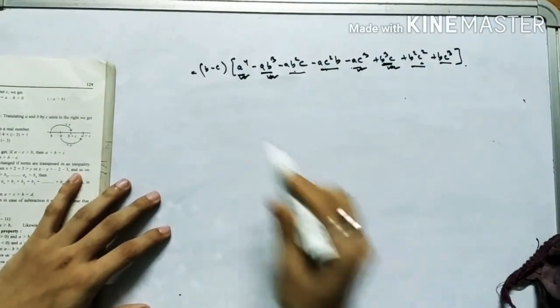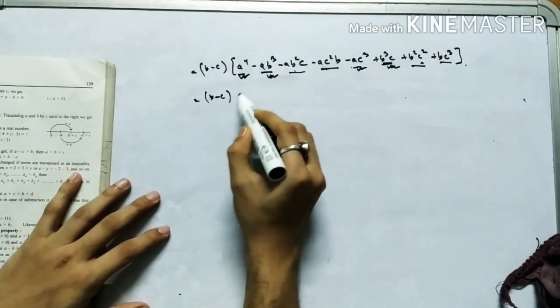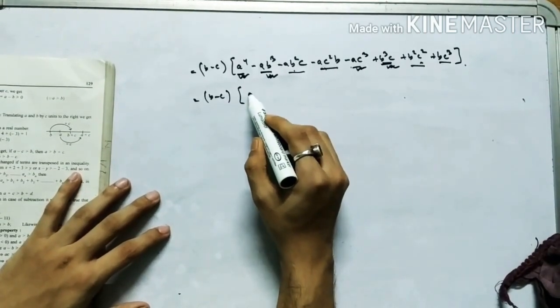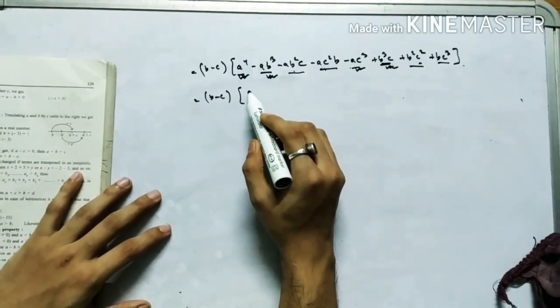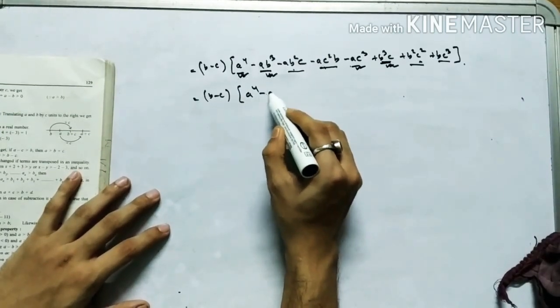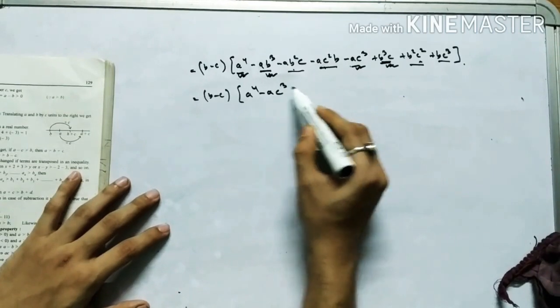So first of all, what I will do, B minus C, this and this I will take: A to the fourth minus A C cube.